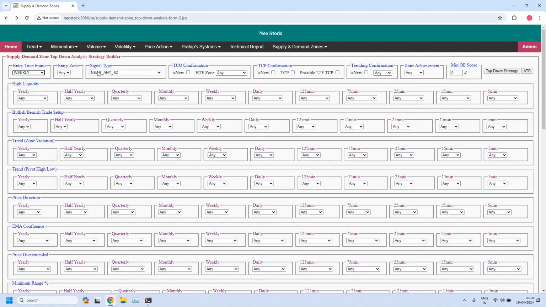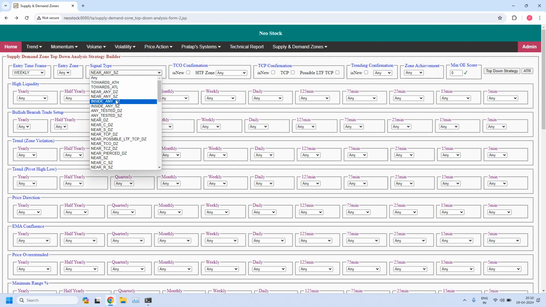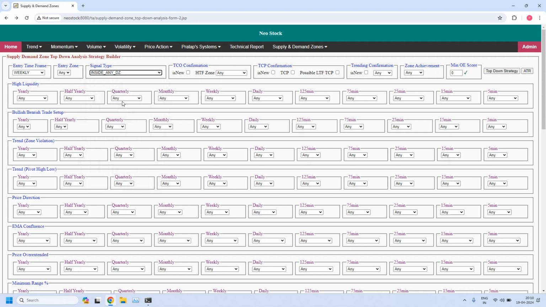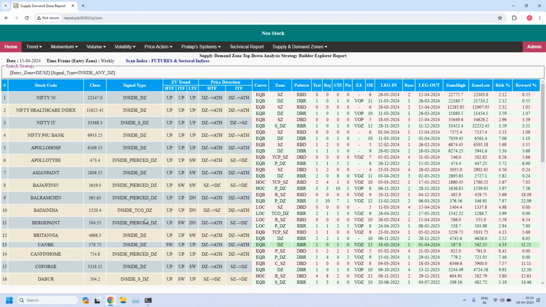For weekly time frame, let us find the stocks where price closed inside weekly demand zone. So this is the filtered list. We got a big list. I'll keep on scrolling this list by giving you a few seconds time.